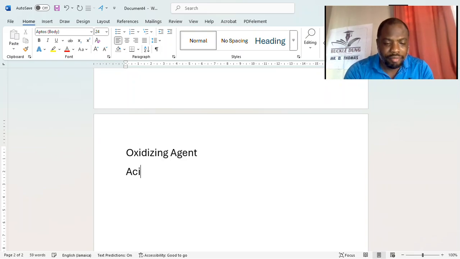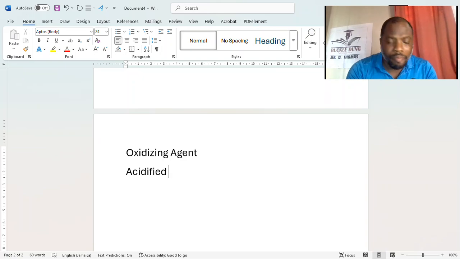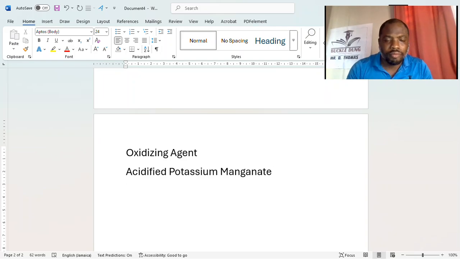Acidified potassium manganate. That's the first oxidizing agent we're going to be looking at. So, acidified potassium manganate.